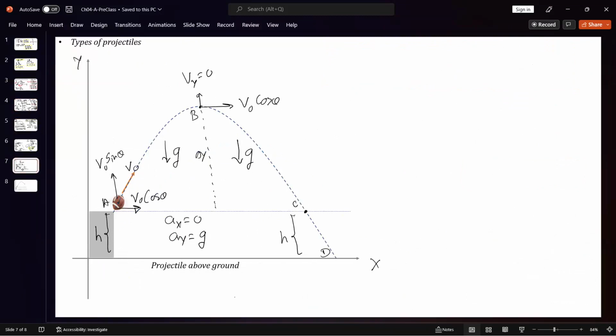If you look at it carefully, in this particular case, for example, if I want to find the total time, I cannot do it this way. Let's consider that I want to find T total, which is the time from A to D. The time from A to D is not twice the time from A to B, okay?